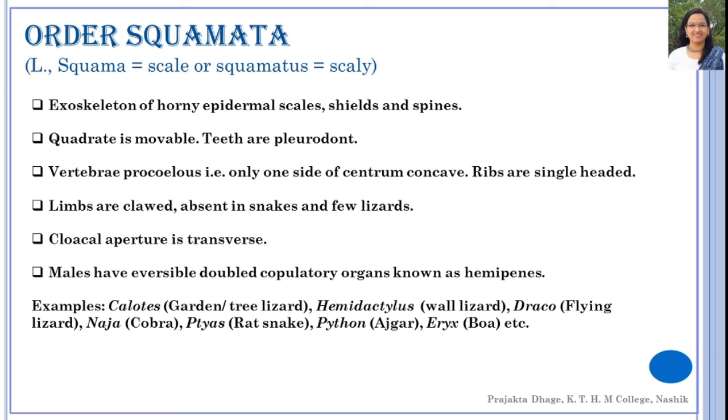Males have reversible doubled copulatory organs known as hemipenis. So the examples belonging to this particular order are Calotes or garden lizard, Hemidactylus or wall lizard, Draco, which is flying lizard, Naja, Python, Eryx, which belong to snakes. So there are many more members present in this particular order.